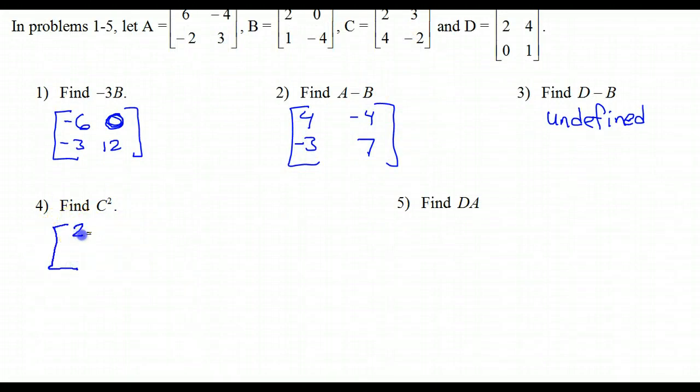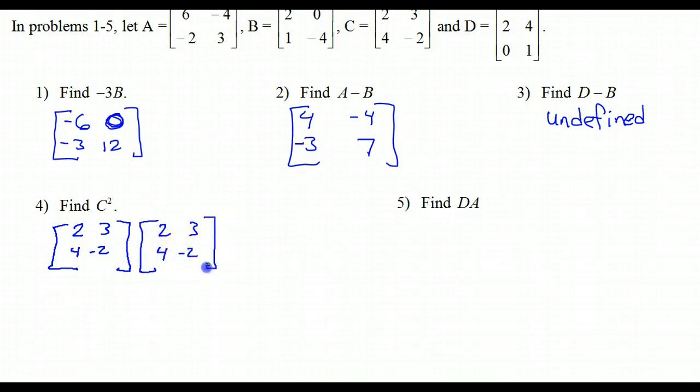So I need to take this 2, 3, 4, negative 2, and multiply it by itself. Again, when you multiply two matrices, you do not just multiply corresponding entries. That would be the same thing as just squaring all of these. Instead, when you multiply matrices, you have to do rows and columns.